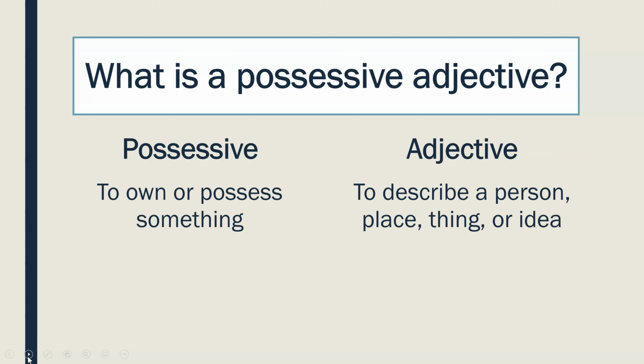And adjective is a part of speech, which means to describe a noun. A noun is a person, place, thing, or idea. If you have more questions about nouns, I do have a different video about nouns and you can watch that one too.